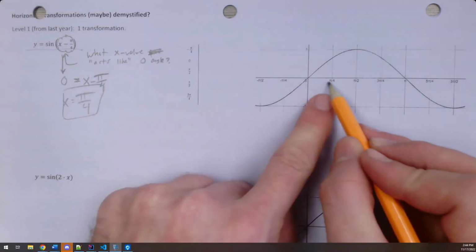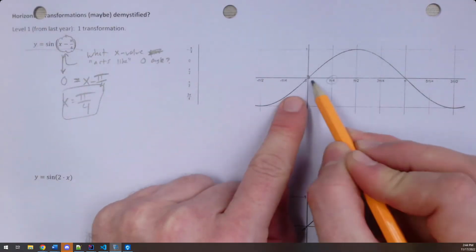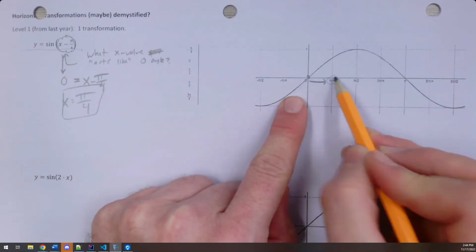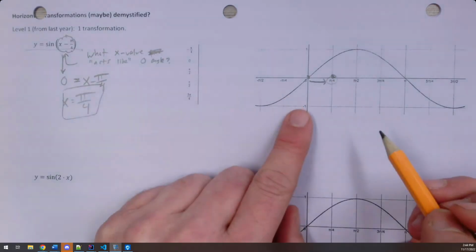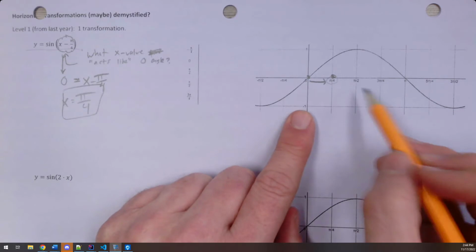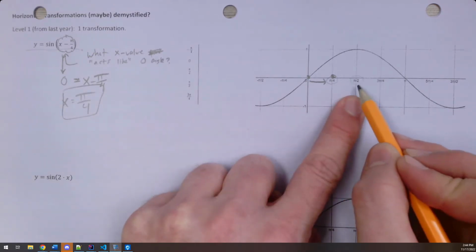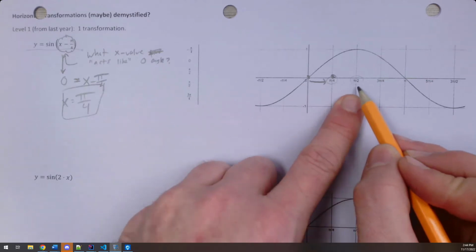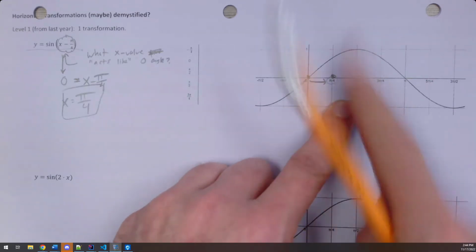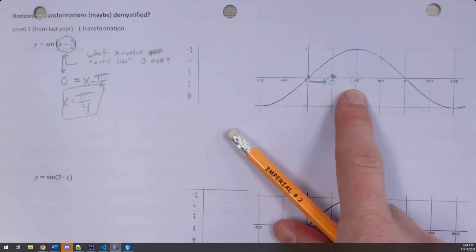So the point at pi over 4 is coming from the original graph at the point of 0. Let's do the same thing with pi over 2. If I plug in pi over 2, tell your neighbors, where is the y value here coming from?